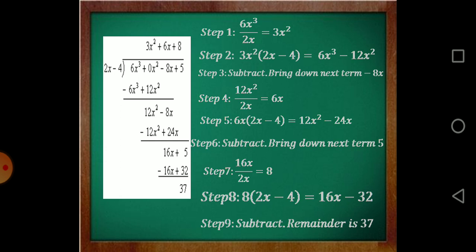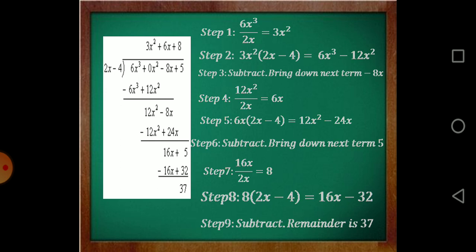Again, the first step is the highest degree term of the dividend divided by the highest degree term of the divisor, that is 6x cube by 2x is equal to 3x square. Then this 3x square is multiplied by the divisor 2x minus 4. We get 6x cube minus 12x square.